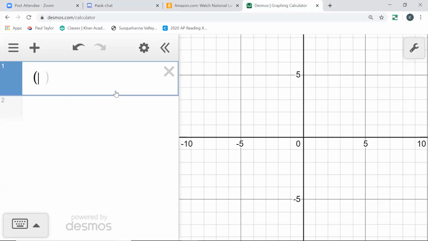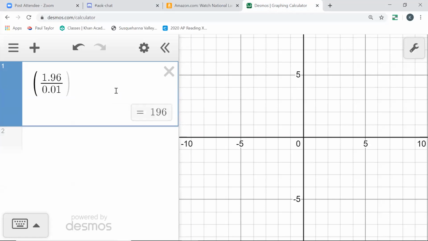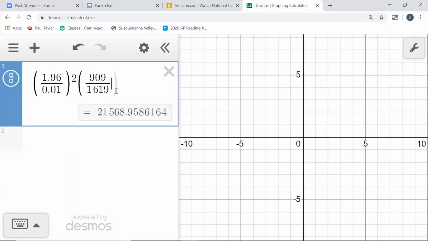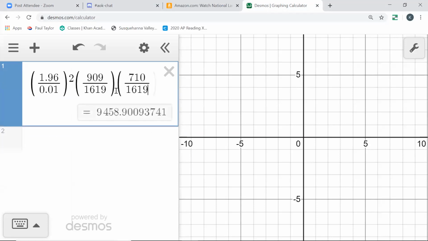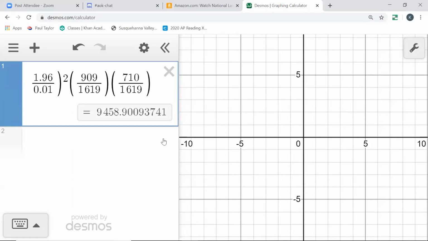We had 1.96 divided by 0.01 quantity squared times 909 divided by 1619 times 710 divided by 1619. Okay, double check, 909, I think that's all right.